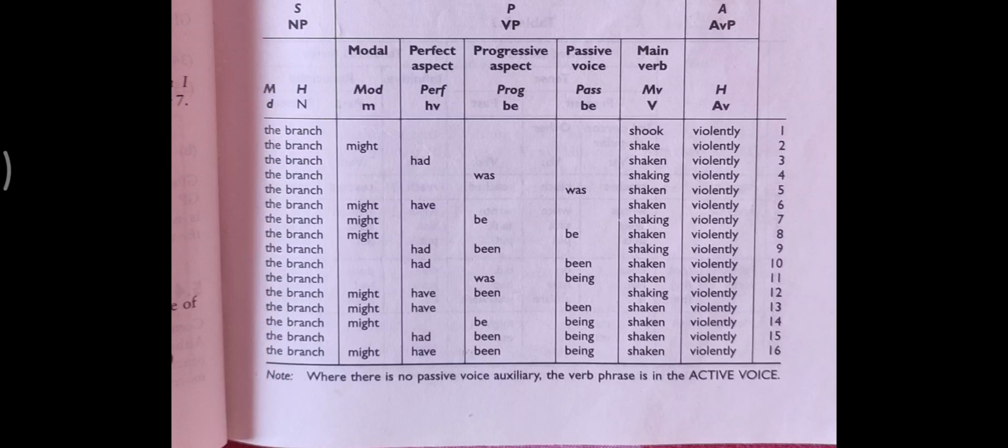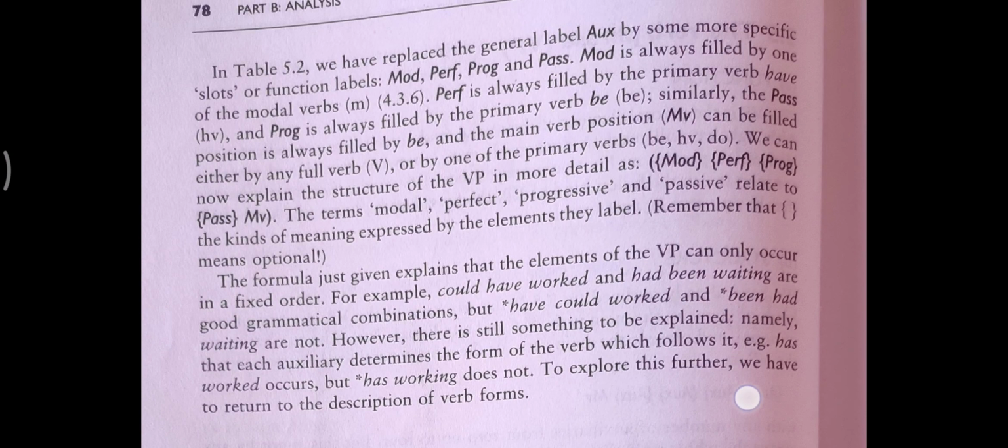Being is the passive aspect, we have seen been, being. And the main verb is shaken, shake, shaking. So we have the four auxiliaries might, have, been, being, that are part of this verb phrase.